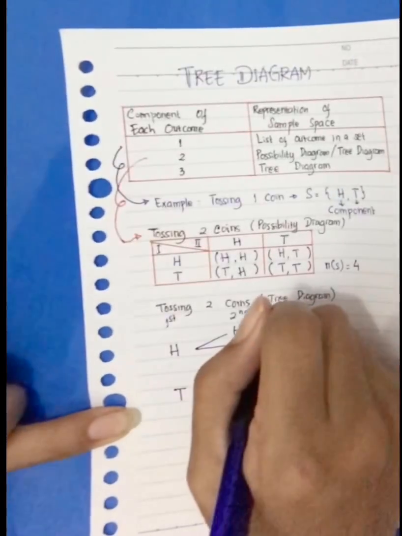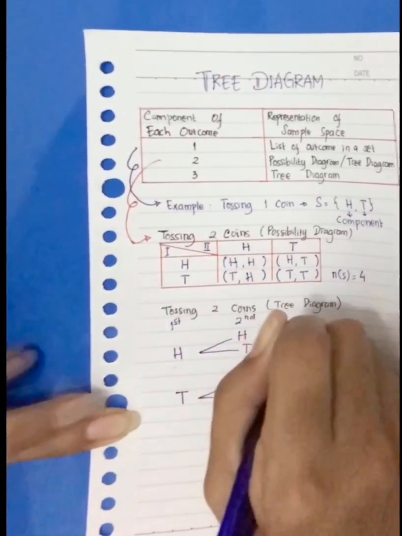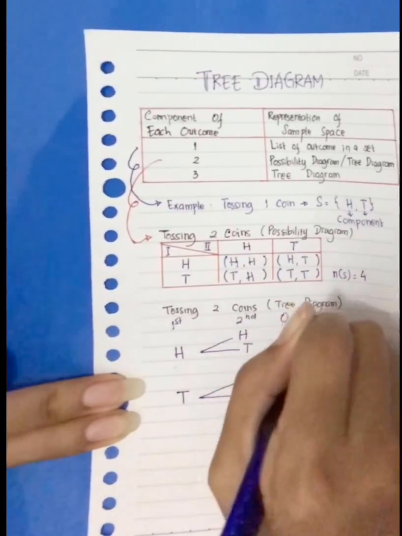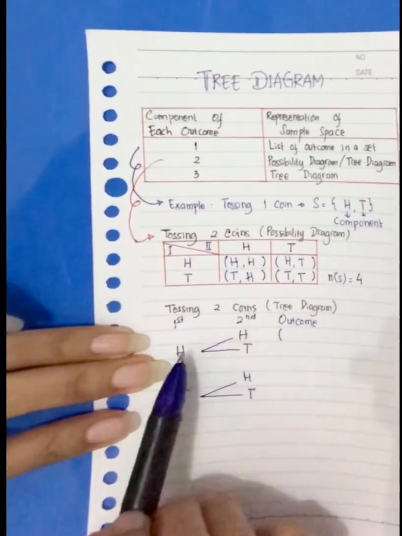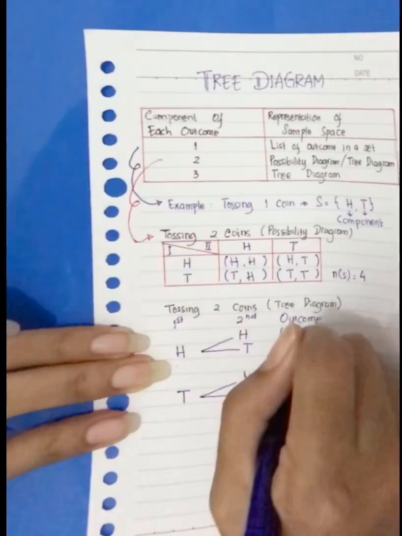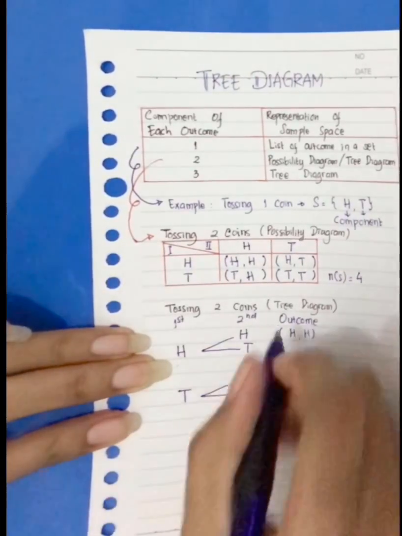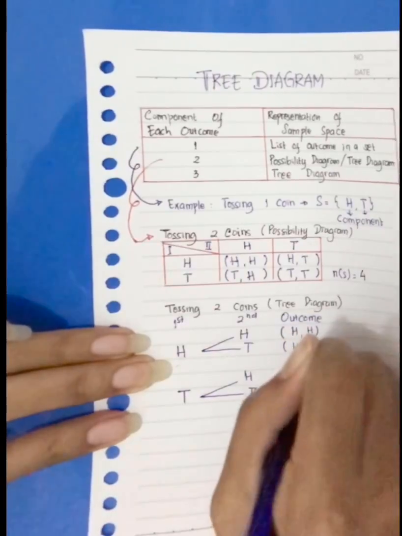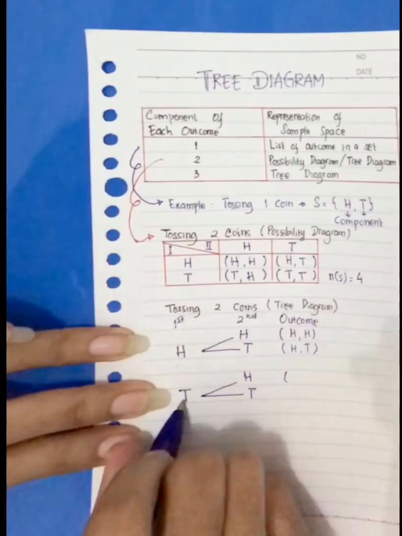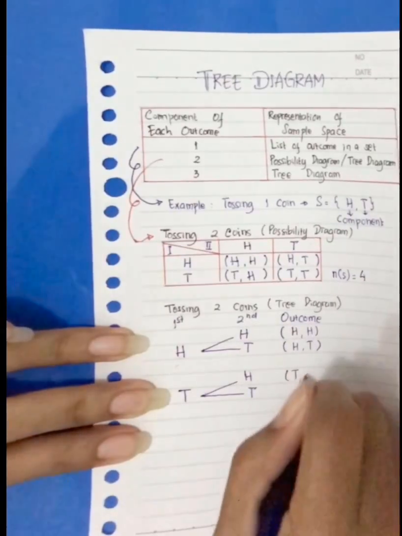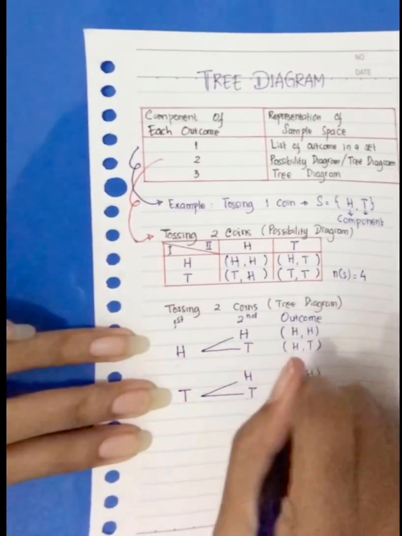Next, let's list all the possible outcomes here: head, head; head, tail; tail, head; and tail, tail.